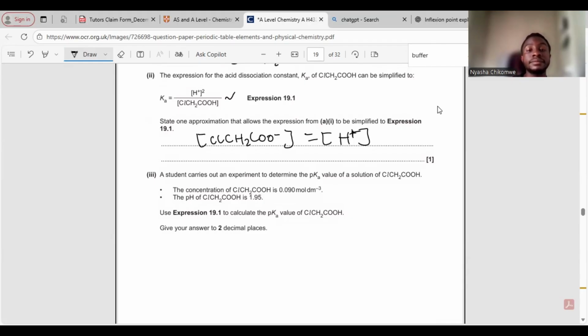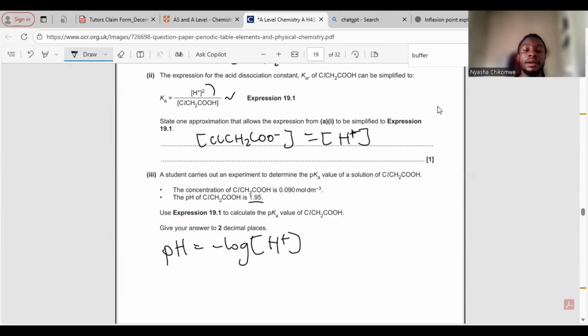So remember, on this expression, we don't have the concentration of the H plus. So that's what we need to do. We are given, however, that the pH of chloroethanoic acid is 1.95. So remember that pH means negative log of H plus, and I've always been saying that p means negative log of.